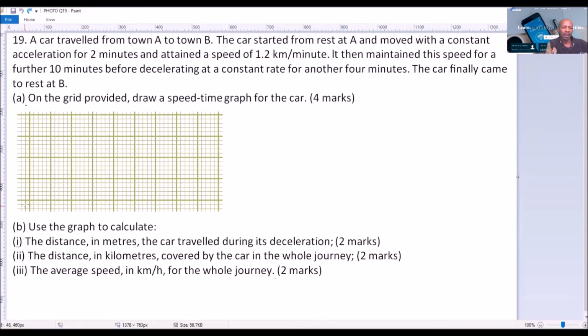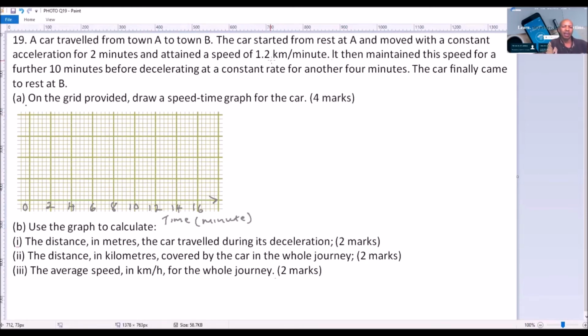So if I put 0 there, then I can use this x-axis. I use 2, 4, 6, 8, 10, 12, 14, and this is 16. This x-axis represents time, and it is in minutes, because our speed is given in minutes.